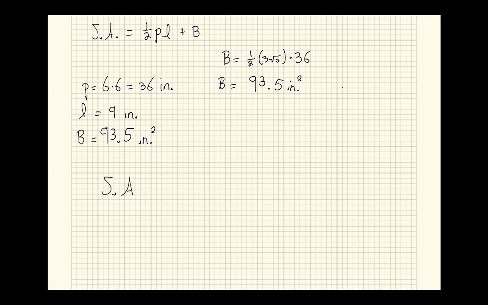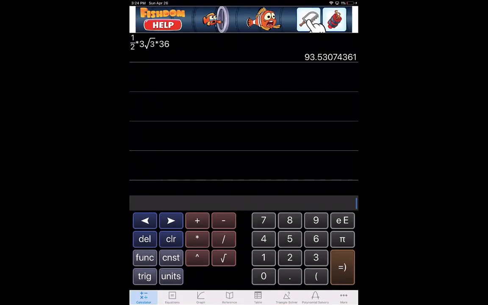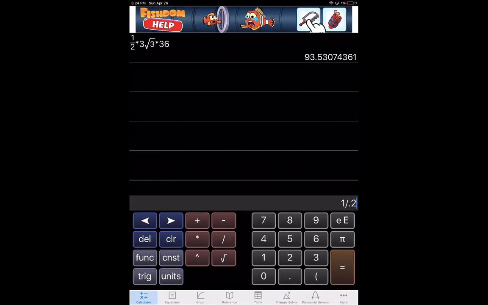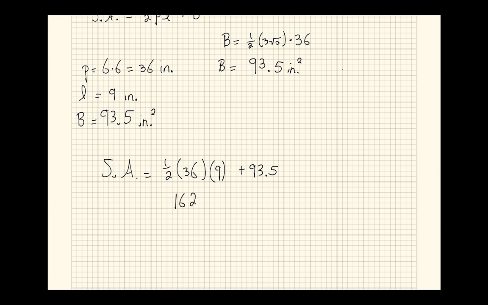So my surface area is 1/2 of P, which is 36, times L, which is 9, plus 93.5. Okay, let's plug this part into our calculator. 1/2 of 36 times 9 gives us 162.